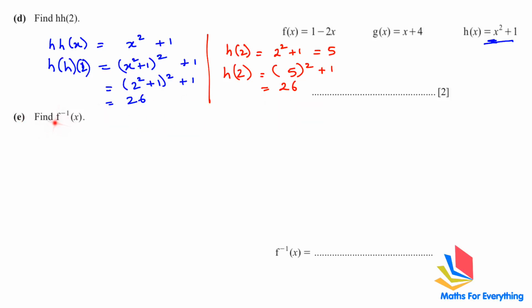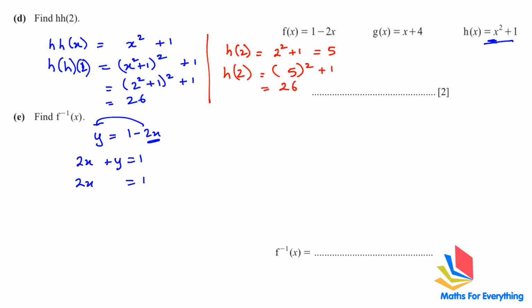E, find f inverse x. So f of x is 1 minus 2x. So we can write in place of f of x, y is equal to 1 minus 2x. And you have to make x the subject. The first thing you need to remember is your subject, what you want to make, cannot be negative. So it's negative, that's why I'll bring it to this side. It will be positive.